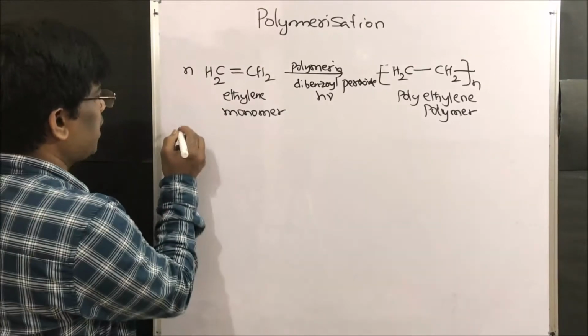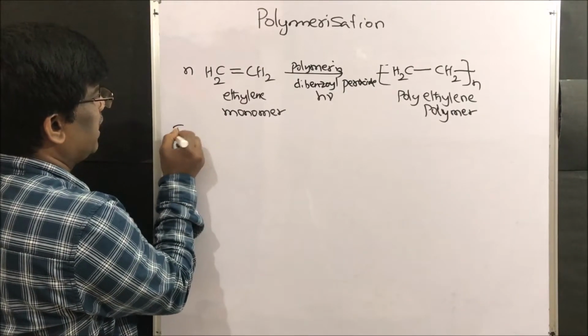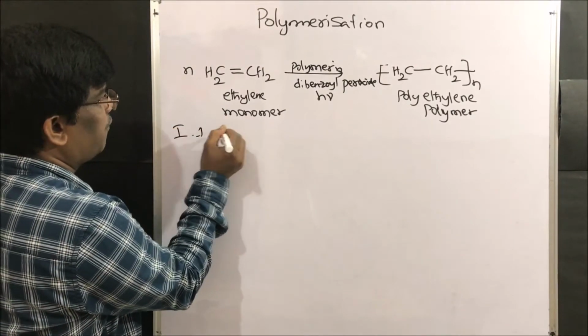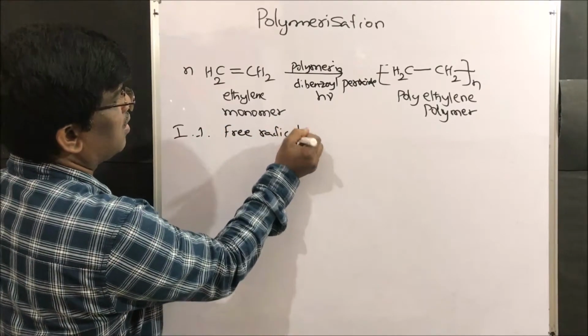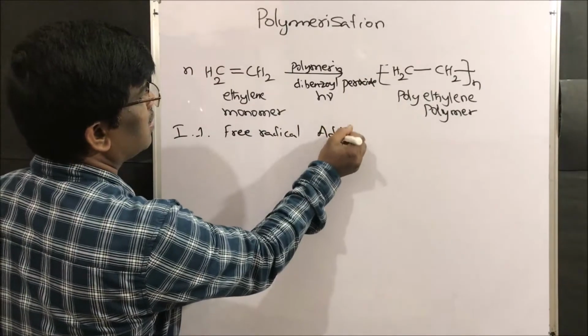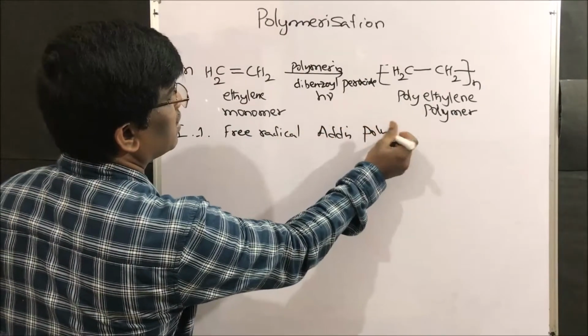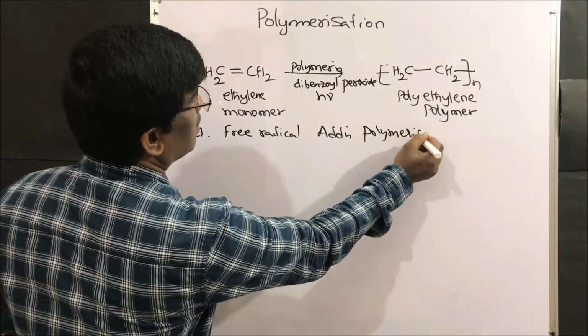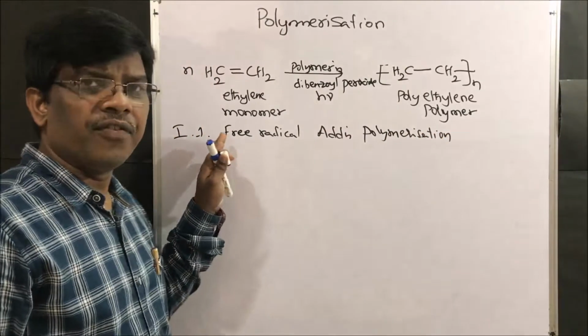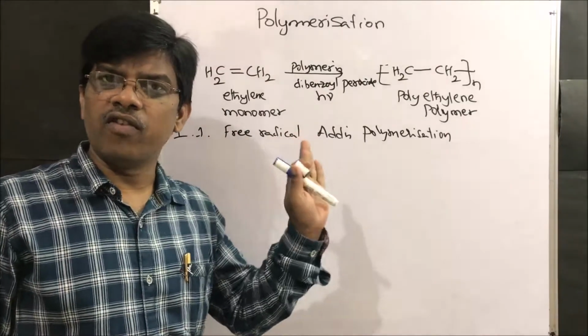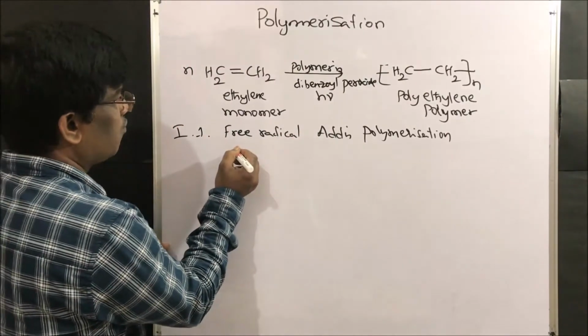So the first type is free radical addition polymerization. If you remember, in any free radical reaction, what are the steps involved? There will be 3 steps. What are they?